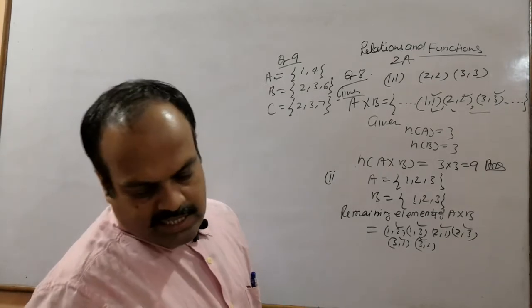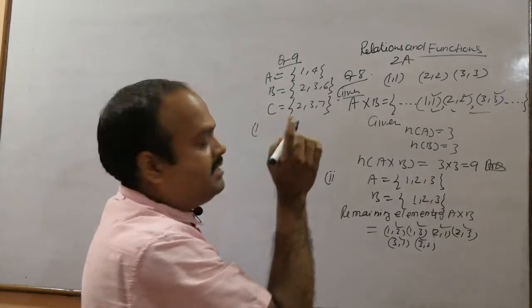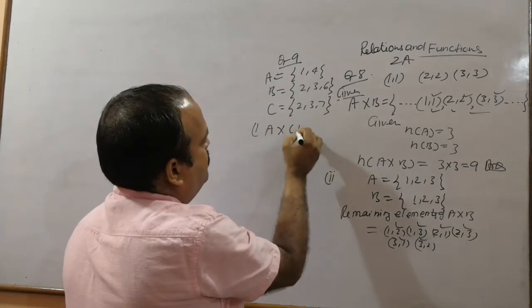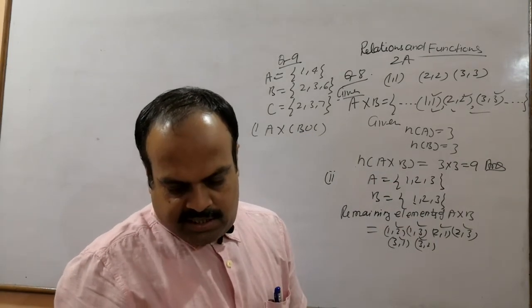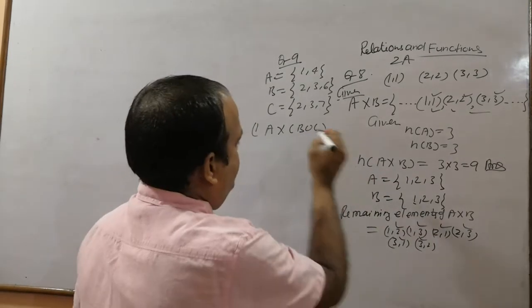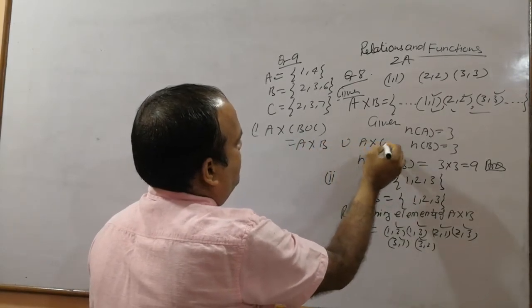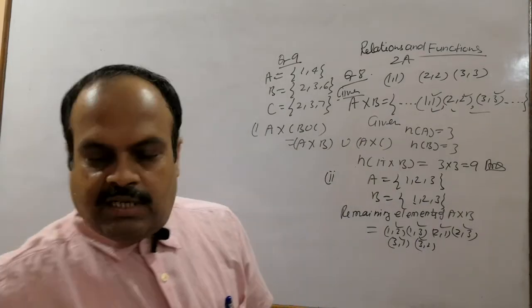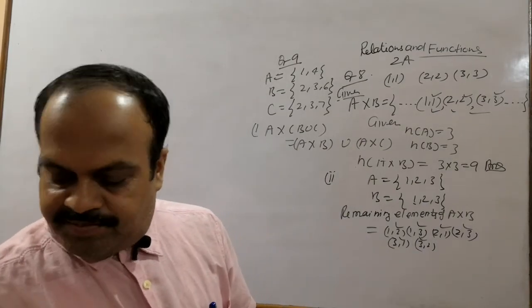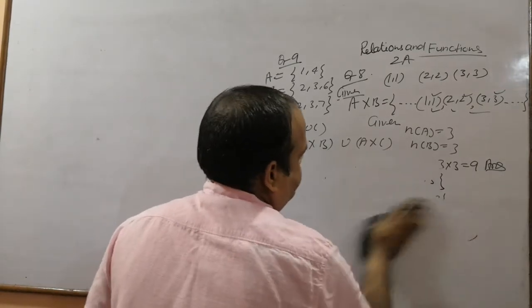Verify that A cross (B union C) is equal to (A cross B) union (A cross C). I will do only one part. Let us do this verification.